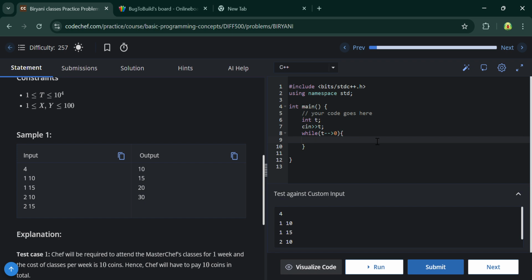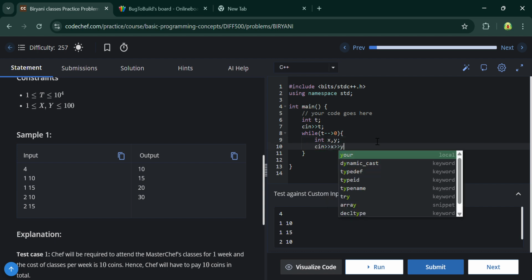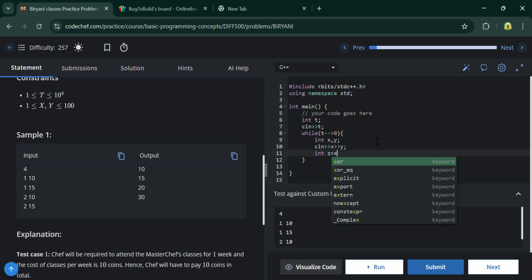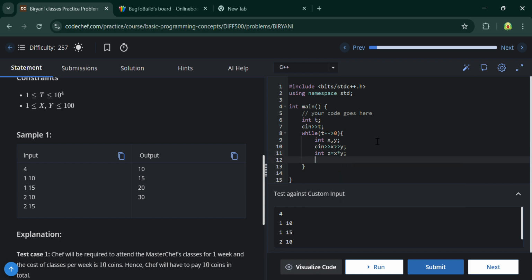While t-- is greater than 0, you just have to take int x, y, and then cin x, y, and then int z equals x into y, which will store the multiplication, and after this you just have to print z. Okay, so let's run this code.